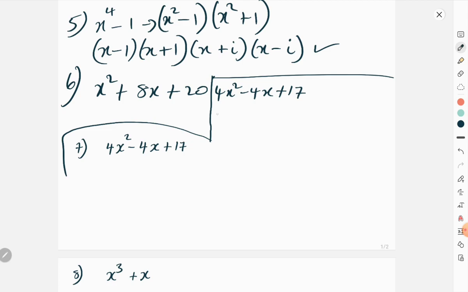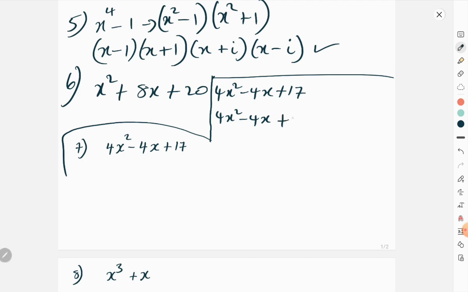Now what are we having? We have 4x squared minus 4x. I think we need to break down this 17 into that thing that we spoke about: 17 is made of 16 plus 1, 16 and 1. These are two perfect square numbers.